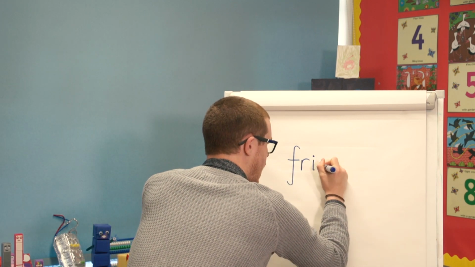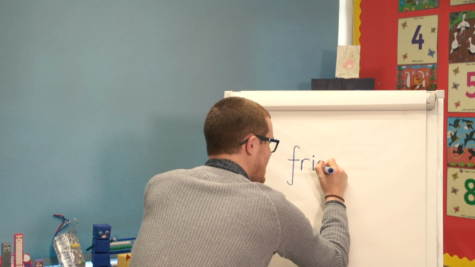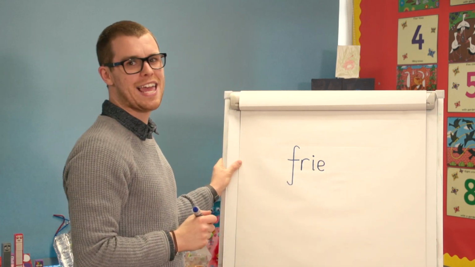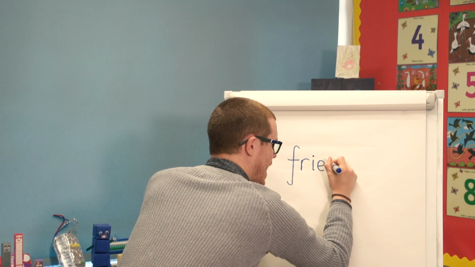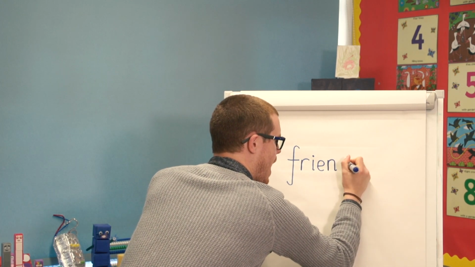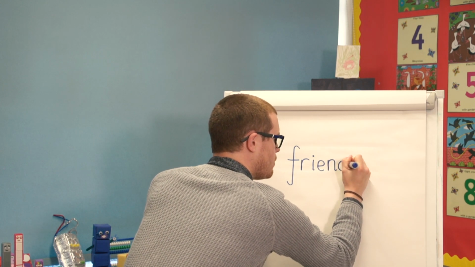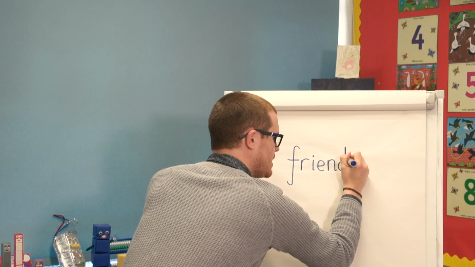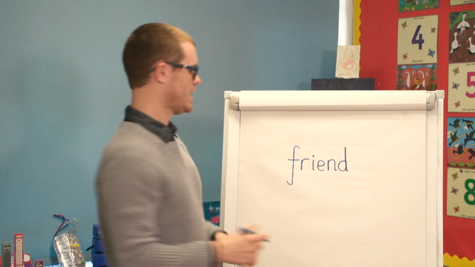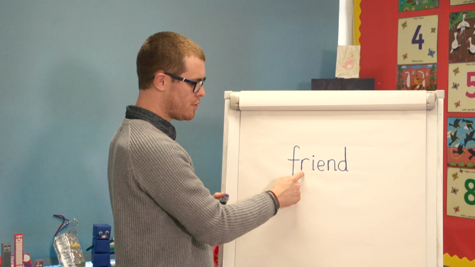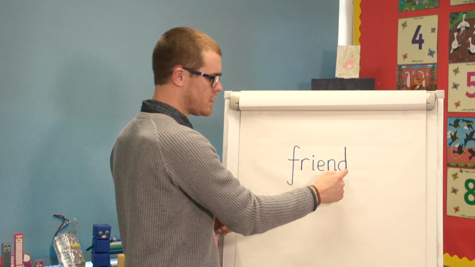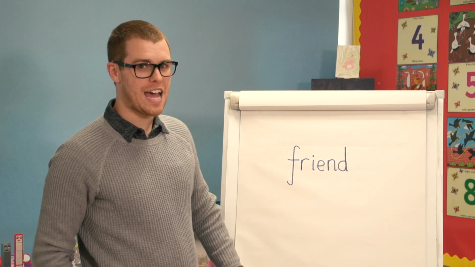The letters I and E say e. Then we have n, and my final sound is D. Friend. Friend. It has 5 sounds.